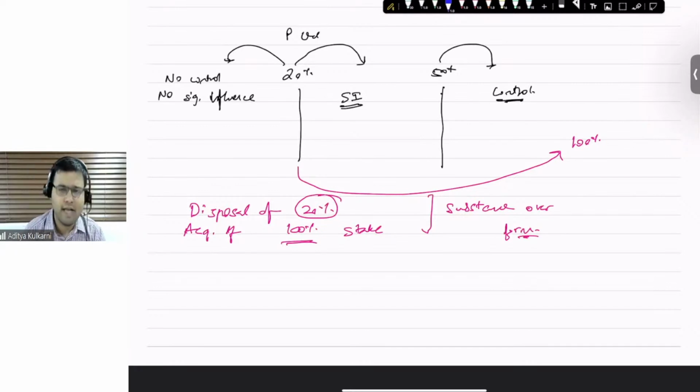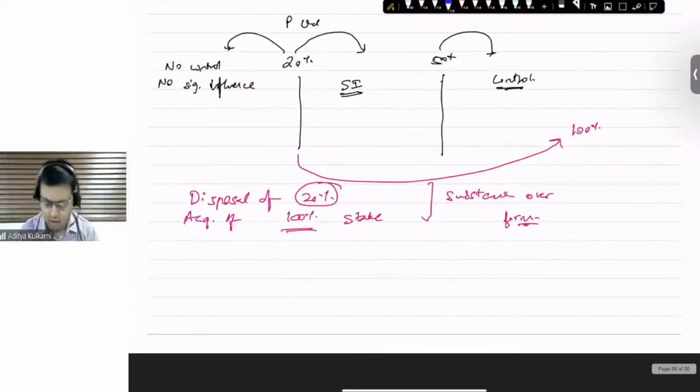Therefore, there won't be any change needed. However, the remeasurement gain or loss would appropriately be transferred to P&L or OCI as the case may be. If it is an FVTOCI scenario, then once the acquisition is done, you will have to transfer the fair value reserve to your retained earnings account.